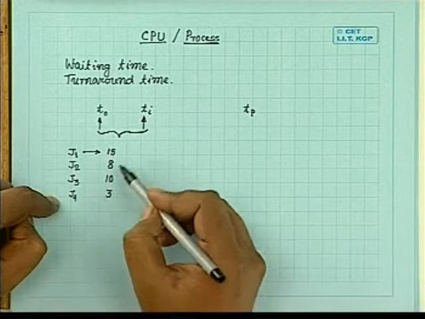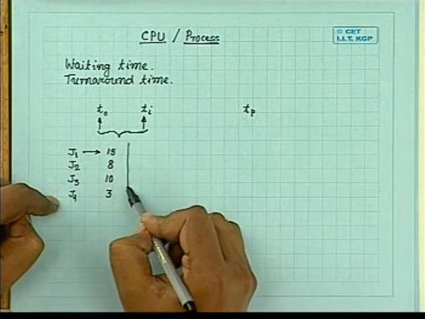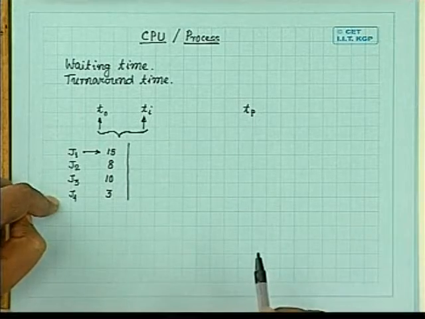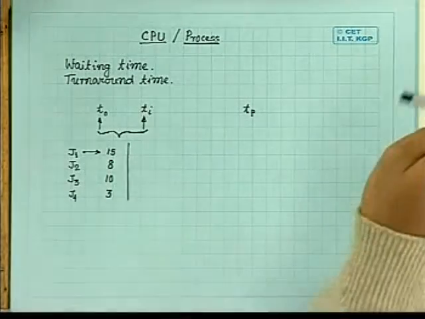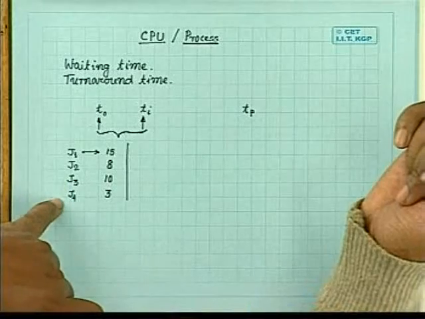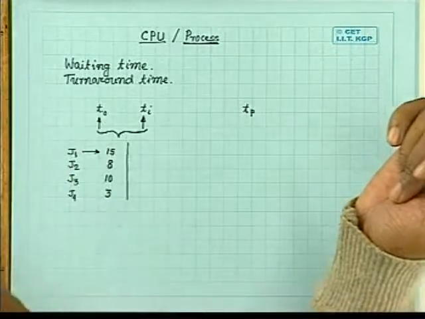Usually scheduling means deciding in which order these jobs are to be executed. So, usually the scheduling will be what is called first come first served. Because job J1 has arrived first, I have to execute it first. The next job to be executed is J2, then J3, then J4, because they have arrived in that particular sequence.